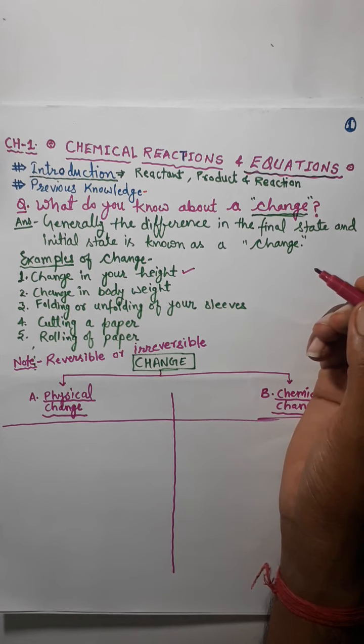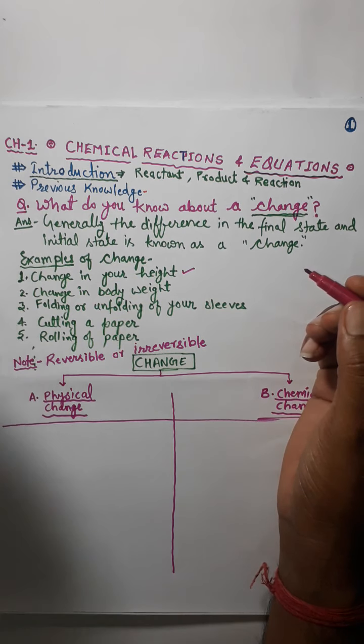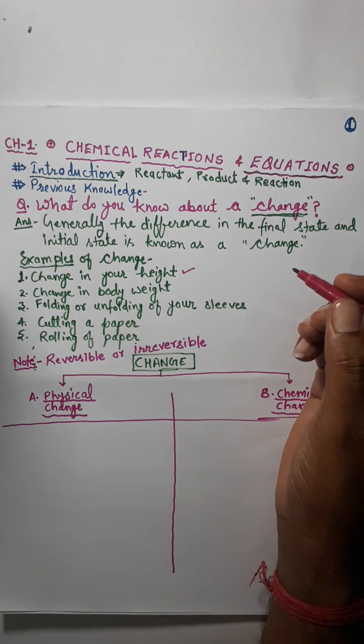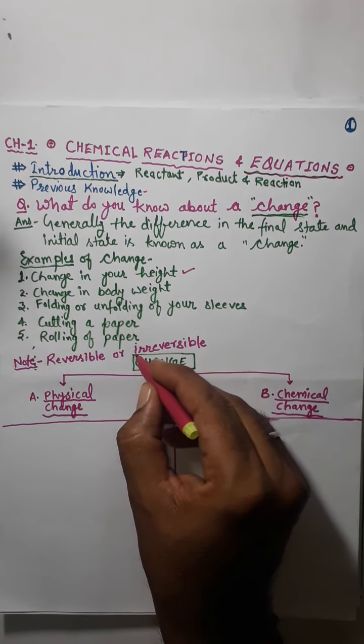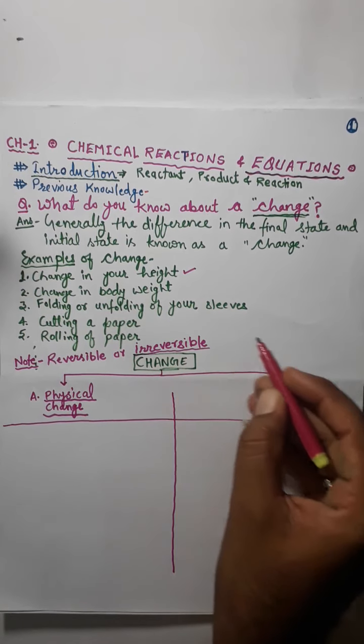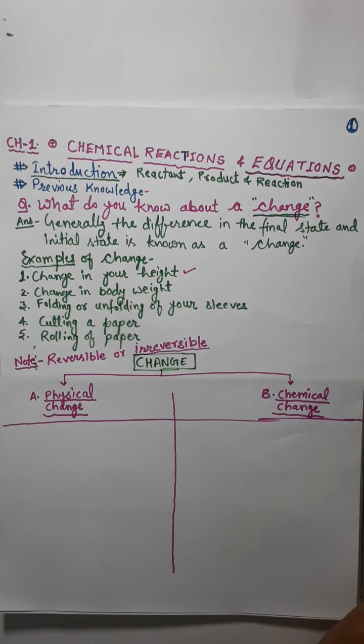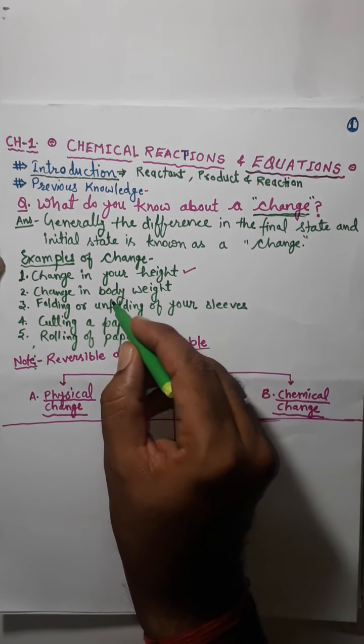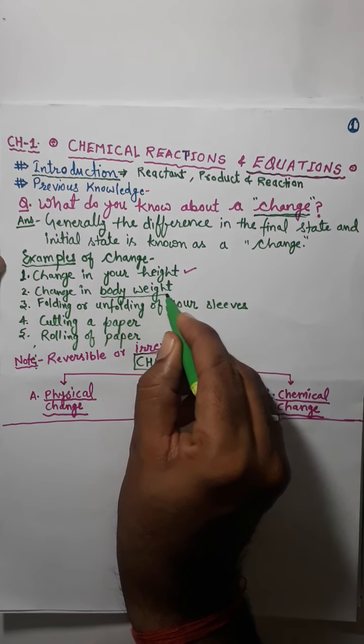So if the change is happening only in one direction, either forward or backward, then that change is called irreversible change. Now second example, body weight.